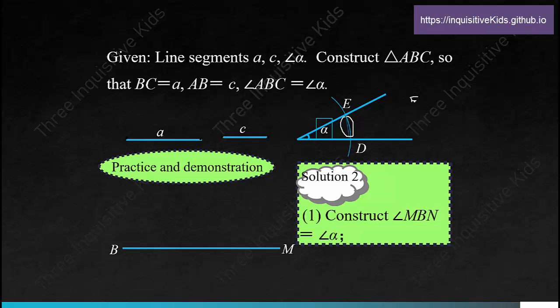ED. So we're going to measure ED with our compass. We're going to adjust our compass to the width of ED. Let me draw a little compass over here. To the width of ED. We're going to adjust that now.